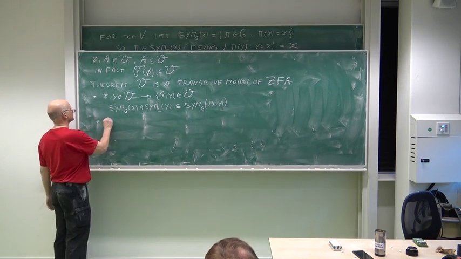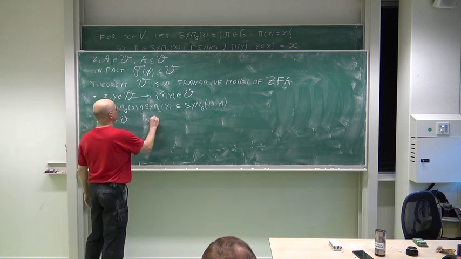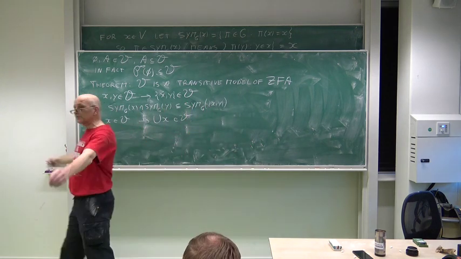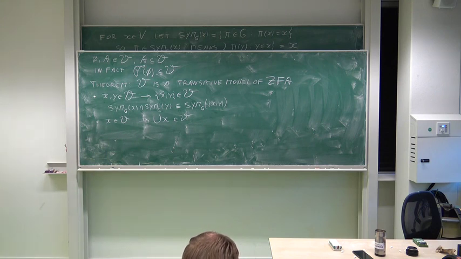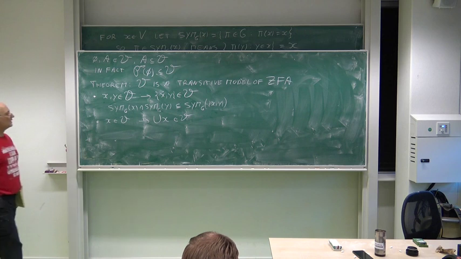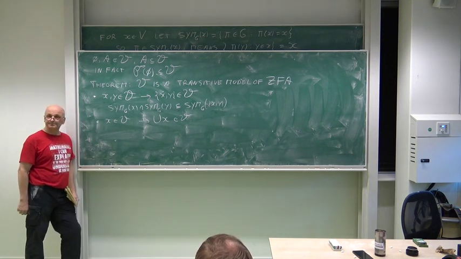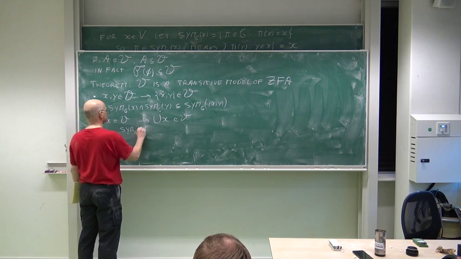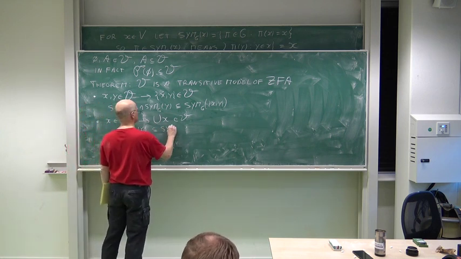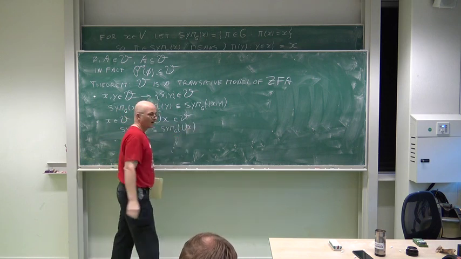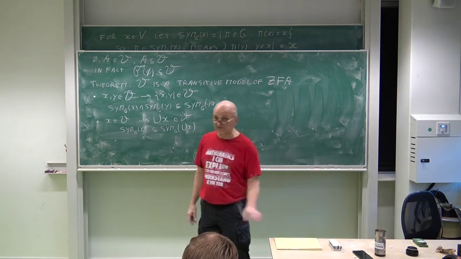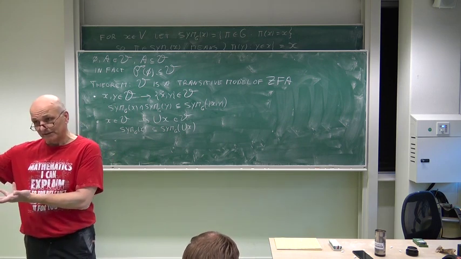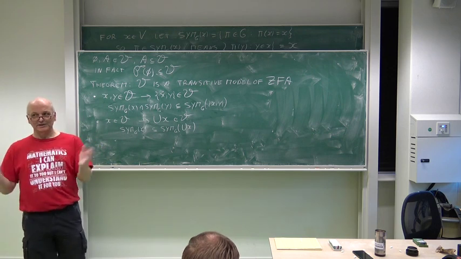Here's another one. The union axiom. Well, again, if you want to check the union axiom, the best thing to do is to check that the union that you already have is in your subclass again. Because then the union is there.